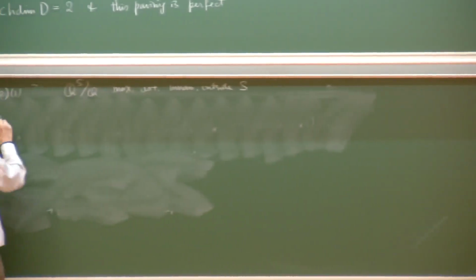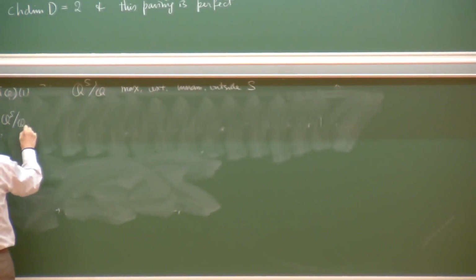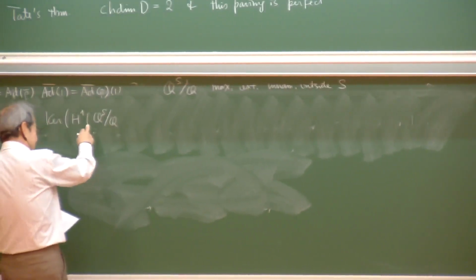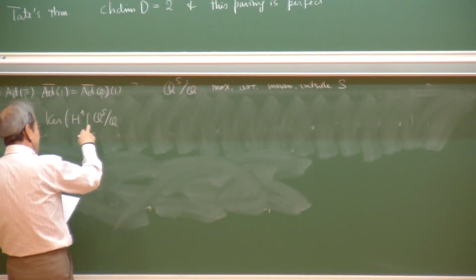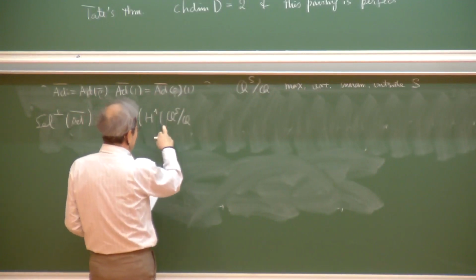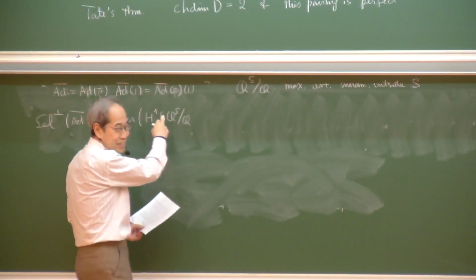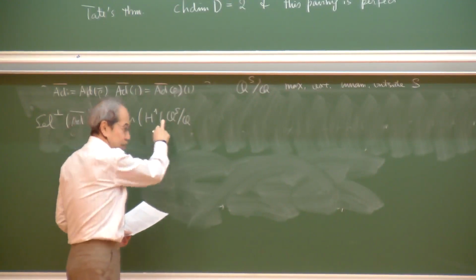So it is the Galois group of Q_S over Q. Strictly speaking, I need to put Gal here, but it is common usage that you just write this, then you have the Gal symbol here.